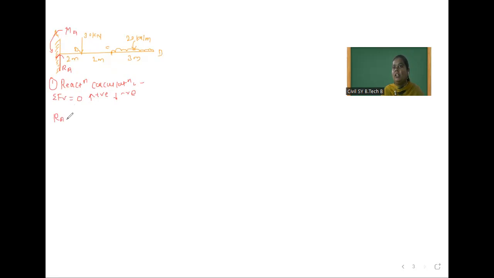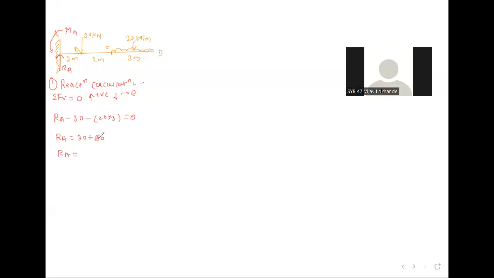This 30 kilonewton is going downward, so minus 30. And this 20 kilonewton is going downward, so minus 20 into 3, which is equal to 0. We shift minus 30 and 20 into 3 to the right side. So RA is equal to 30 plus 60, that is 90 kilonewton.